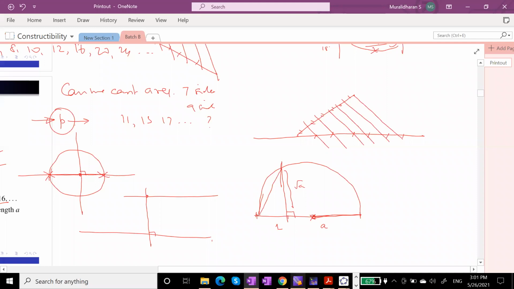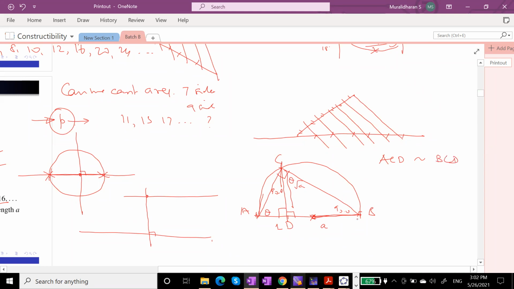That's because if I join these two things, suppose I call these A and B, and this C and this D. So this is 90 degrees. So if this is theta, this is 90 minus theta. So the triangle ACD is similar to triangle BCD.